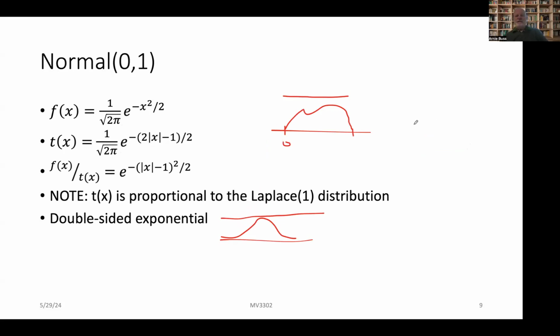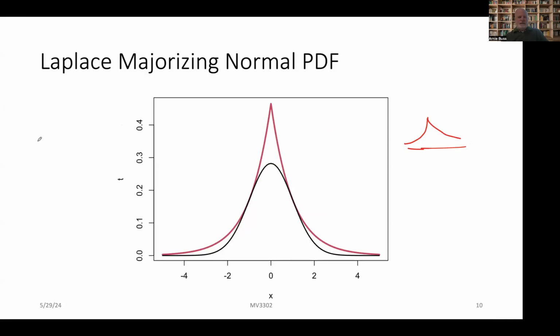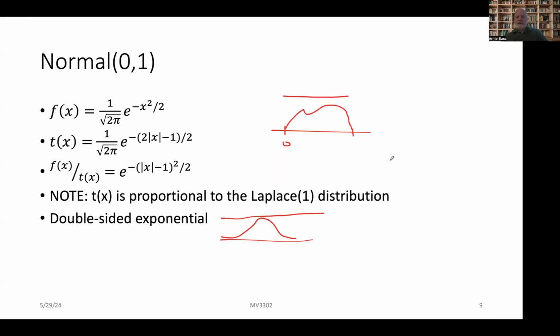Its functional form is e to the minus absolute value of x, and I think I multiply the whole thing by half. That's its PDF, the PDF of a symmetric one. You can shift it and stuff like that.